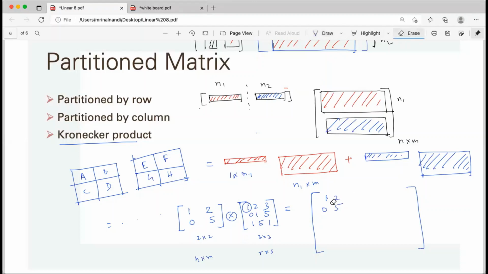Oh, just a minute, this is on the left side. 1 with this whole thing: 1 2 3, 0 1 5, 1 5 1. Then 2 with this whole thing: 2 4 6, 0 2 10, 2 10 2. Then 0 with this whole thing: 0 0 0, 0 0 0, 0 0 0.